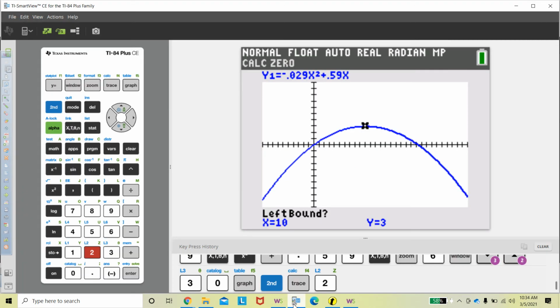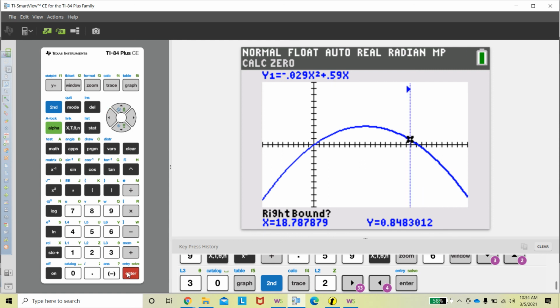We're trying to get this intersection point. Left bound is above, right bound is below the x-axis. So I move my cursor. I just have to be above the x-axis, and that's too close for my comfort, so I'm going to move it back a couple so I know clearly it's above.